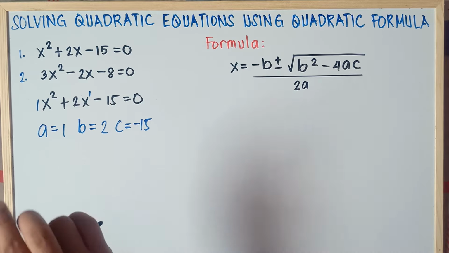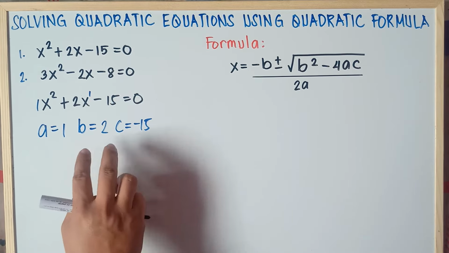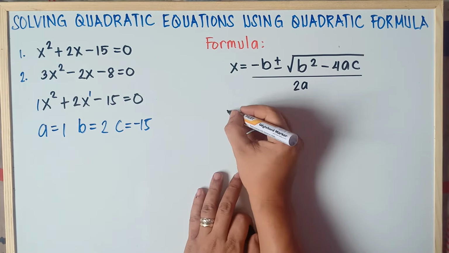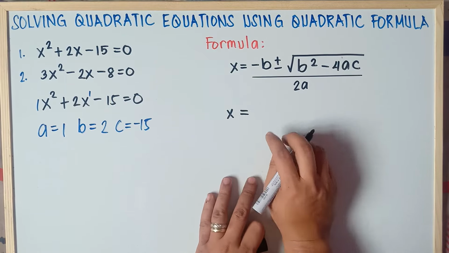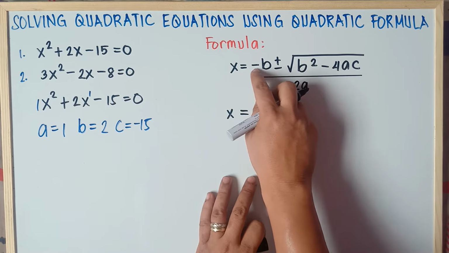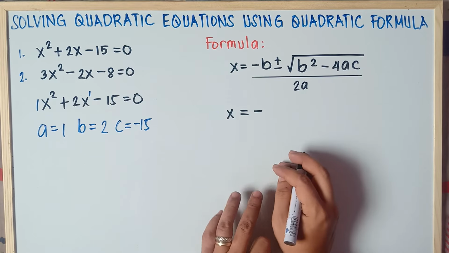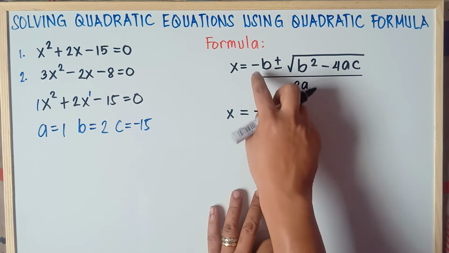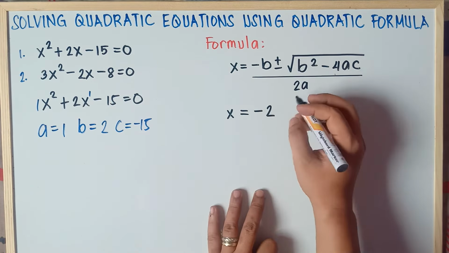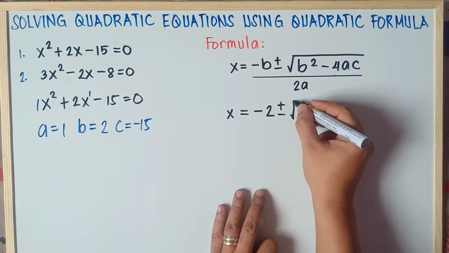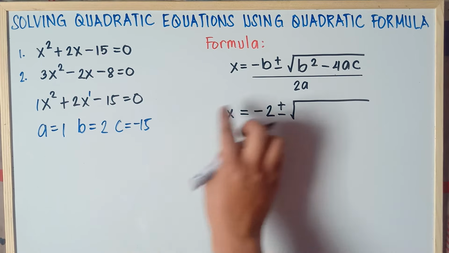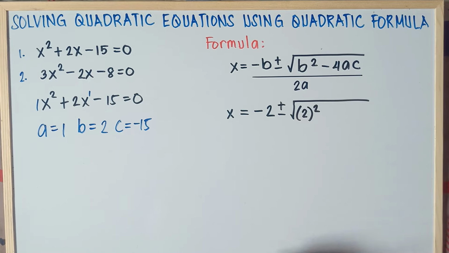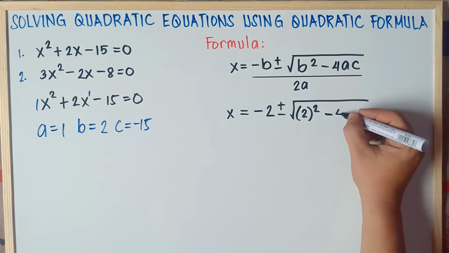Now once you have the values of a, b, and c, we need to plug in these values in this formula. Alright, so copy x, copy the equal sign, copy the negative sign. It says negative b, and the value of b is 2, so copy 2. So x equals negative 2, plus or minus the square root of b squared, so put open and close parentheses, 2 squared, minus 4.